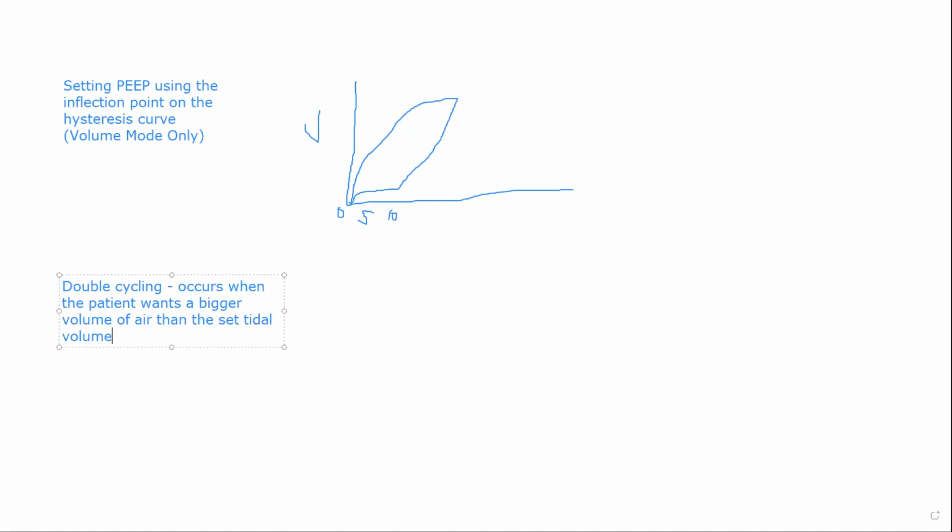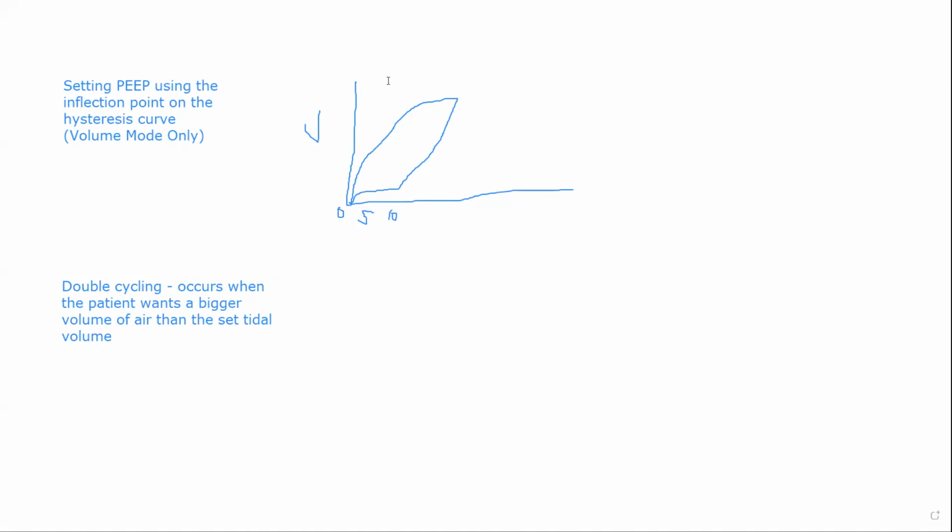So the patient gets their tidal volume, and they're still breathing in because it wasn't enough to satisfy them when they were breathing in. So what'll happen is the volume gets delivered and they breathe in and they get a second tidal volume delivered right away.